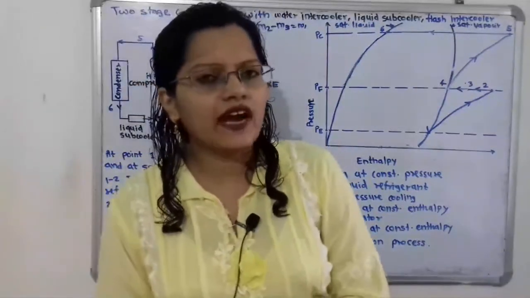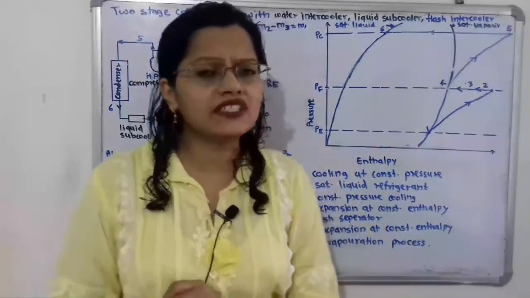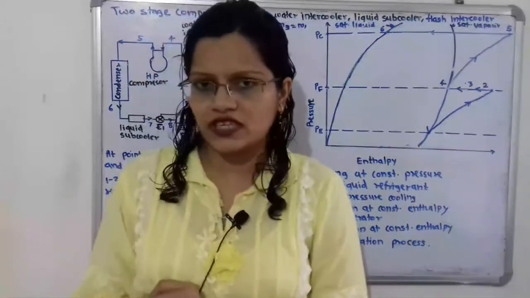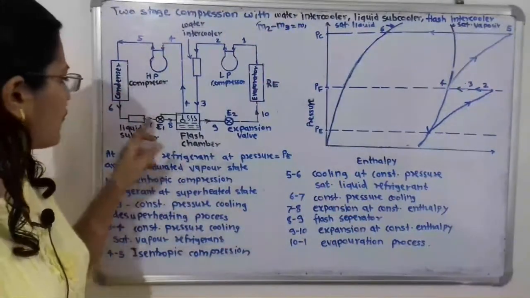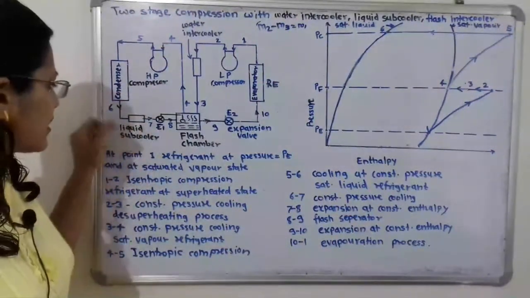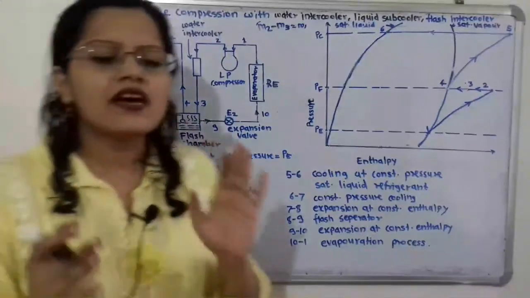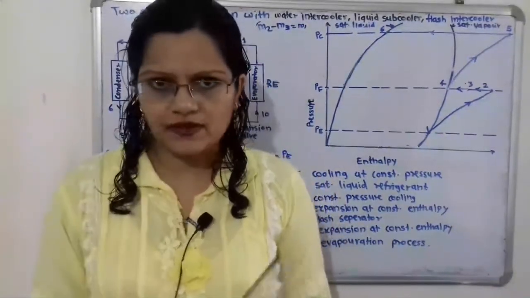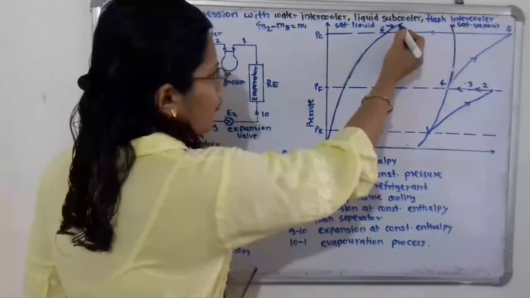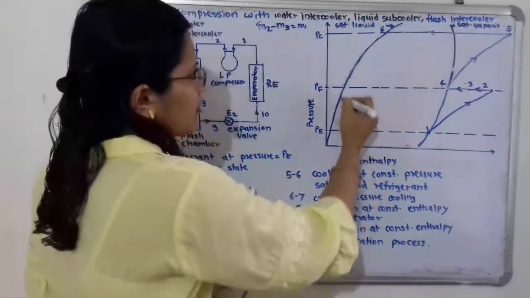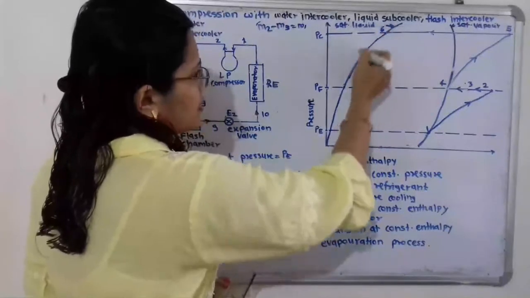For that we have to first find out up to which temperature the cooling process is taking place. So we will consider for the point 7, that is after it leaves this liquid subcooler, at point 7 the temperature will be T7. So at that certain temperature we have to find out where that temperature is within this saturated liquid line.